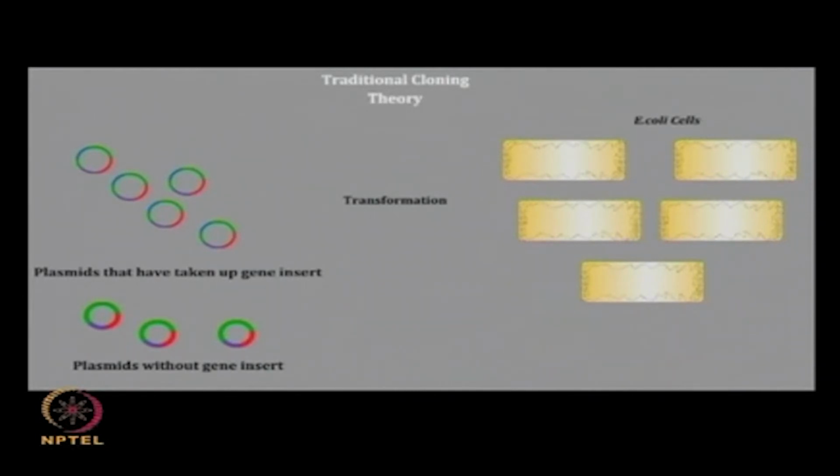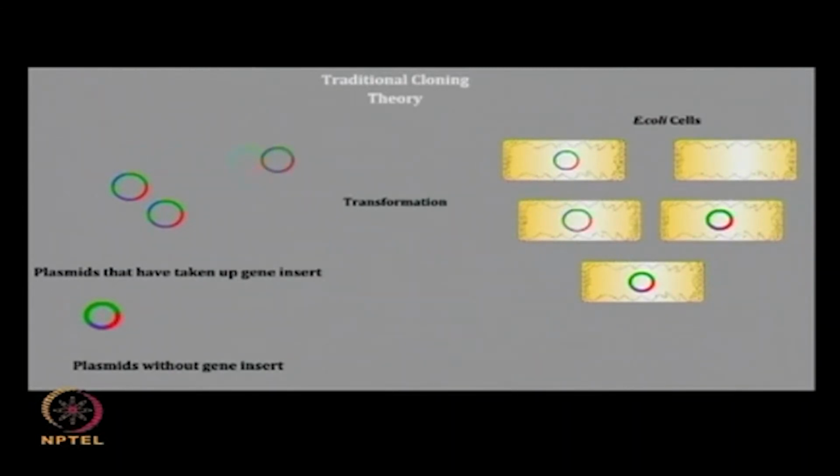The insertion of fragments within an antibiotic resistance gene leads to the inactivation of this gene. After this, the transformation process occurs. Once the insert has been introduced into the plasmid vector in the desired orientation, they are transformed into suitable bacterial host cells.